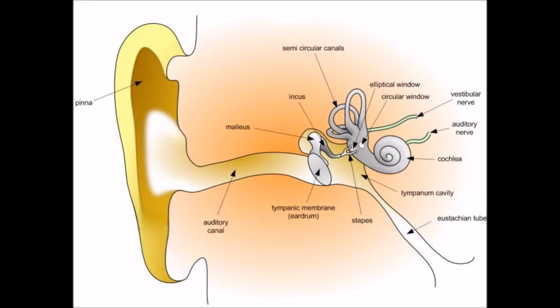Sensorineural hearing loss is damage to the inner ear or to the nerve pathways from the inner ear to the brain. And finally, mixed hearing loss. This is a combination of both conductive and sensorineural hearing loss, where sound is both quiet and muffled.